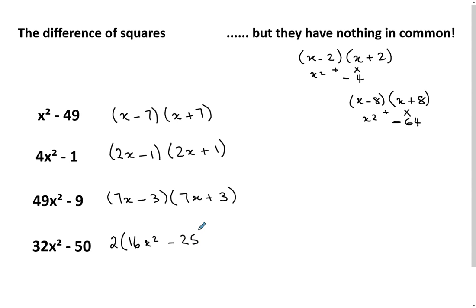Now if you look inside the brackets, you can see all the squares. So then you've got 4x minus 5, and then the other bracket will be 4x plus 5.